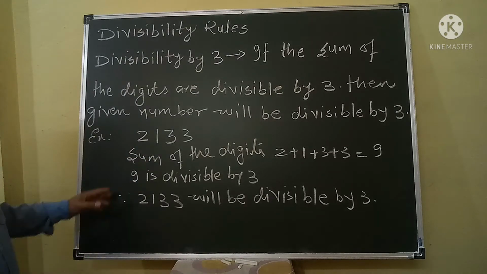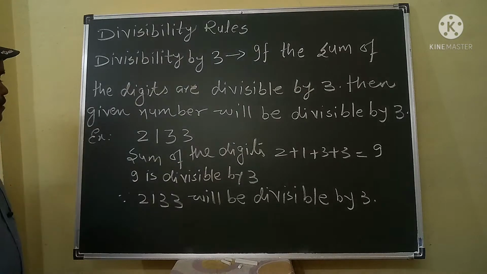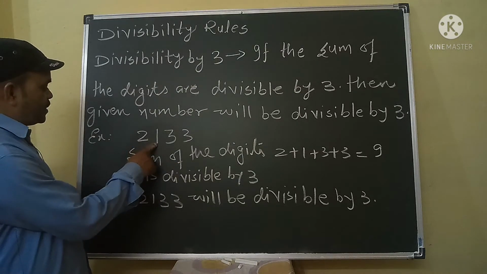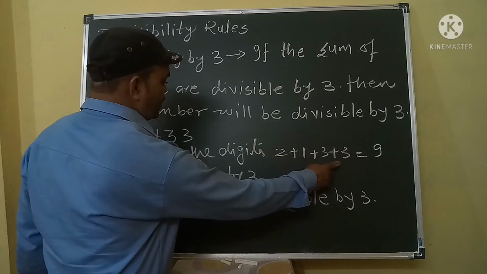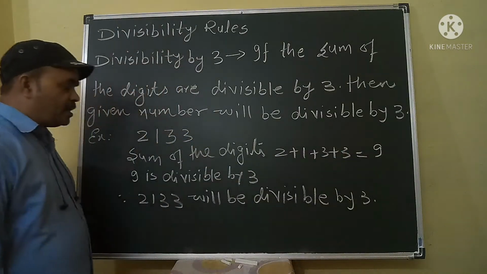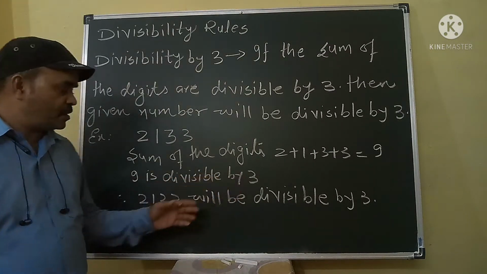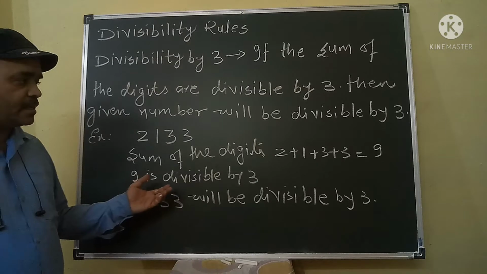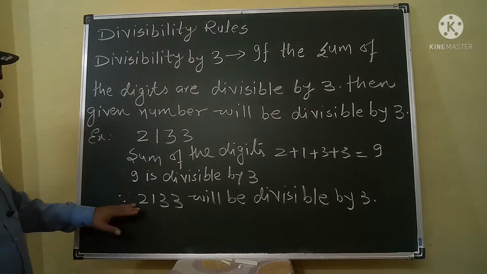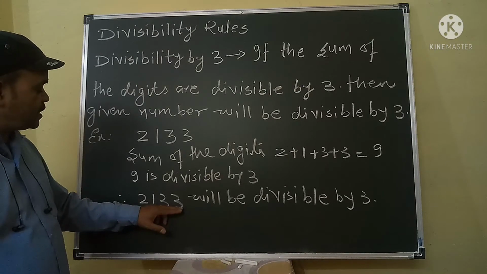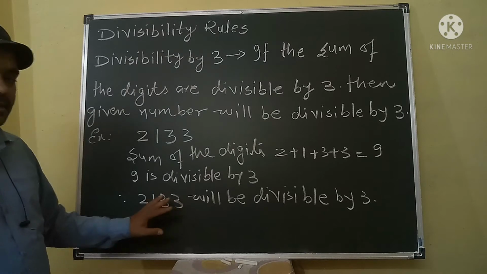First we will take the sum of the digits: 2 plus 1 plus 3 plus 3. After adding you will get 9, and you know very well 9 is divisible by 3, in other words 9 is a multiple of 3. That means 2133 will be divisible by 3.